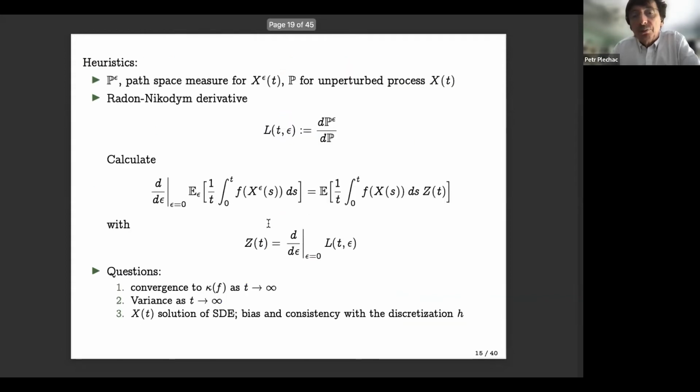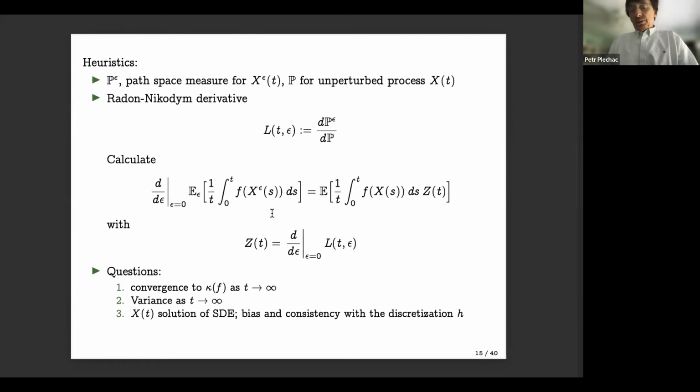So if you think in terms of the change of measure formula in this expected value, the expected value is under this P epsilon, but here it is under the P, so epsilon 0. So you will get this weight, which is this process Z, this reweighting or log likelihood process.